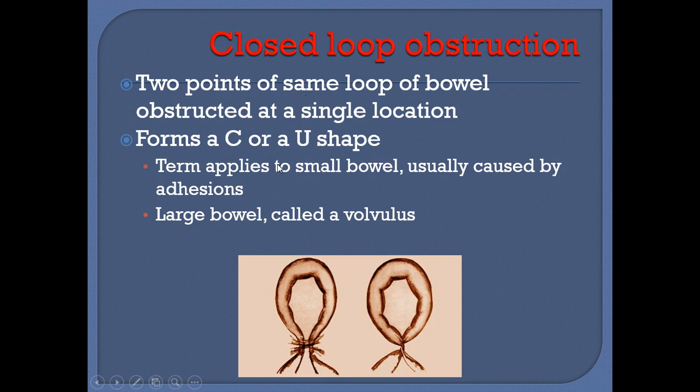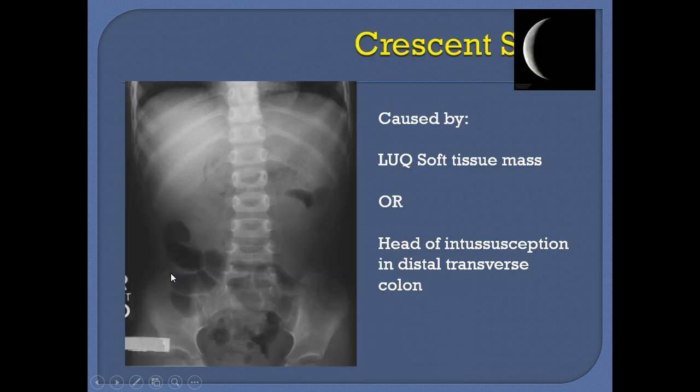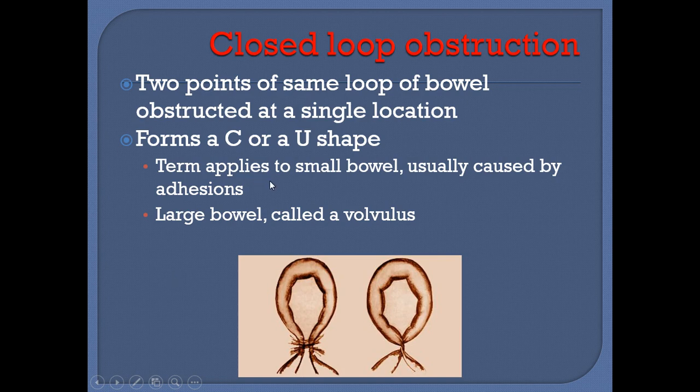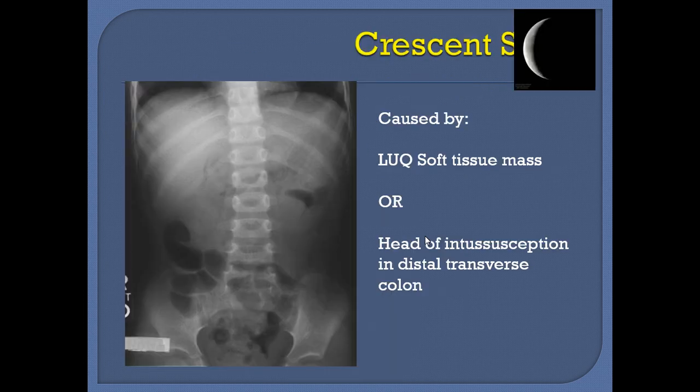Then closed loop obstruction, when two points of the same loop of bowel are obstructed at a single location, forming a C or U. The term applies to the small bowel, usually caused by adhesion, but in the large bowel the same thing is called volvulus.